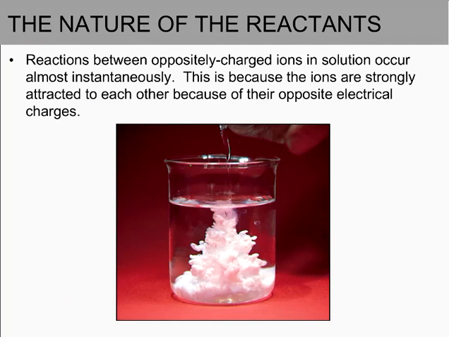So for instance, let's say we had a huge molecule and then we only needed this small part of the molecule to react with another molecule. That would be really difficult to achieve, right?